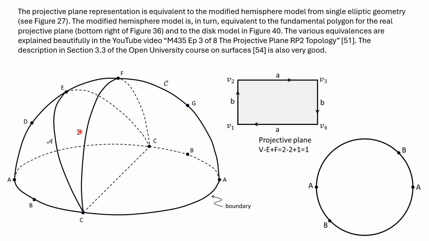So A and B would be parallel, and then C is the actual point at infinity. And if we took the semicircles going across the top, excuse me, that would be another set of parallel lines.